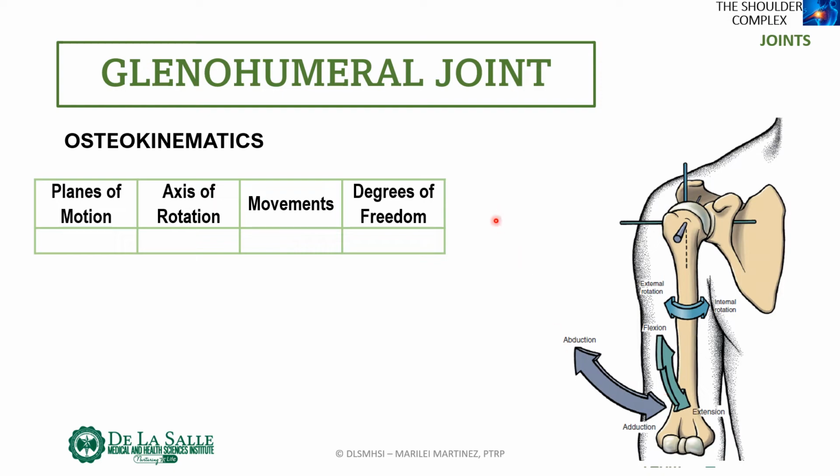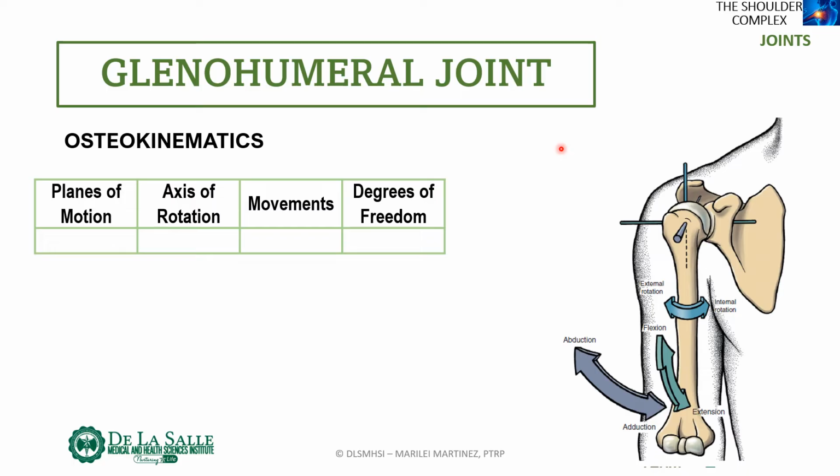Abduction and adduction happens in the frontal or coronal plane, with the axis of rotation, the z-axis or the anterior posterior axis. And lastly, your internal rotation and external rotation happens in the transverse or horizontal plane, with the axis of rotation as the y-axis or vertical axis.